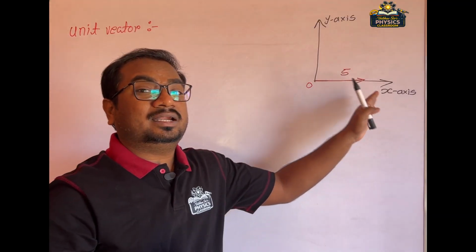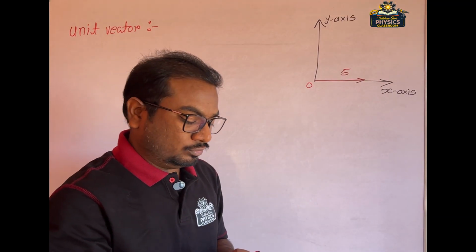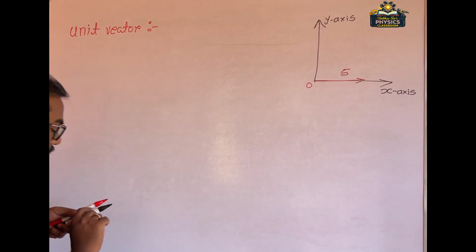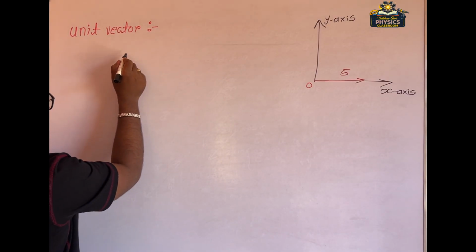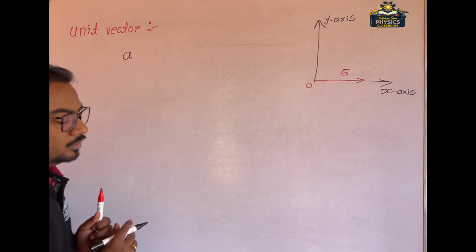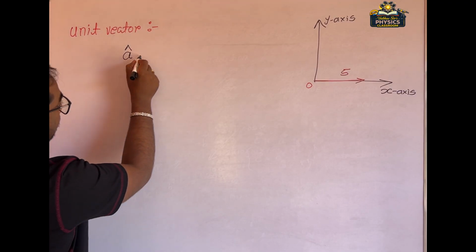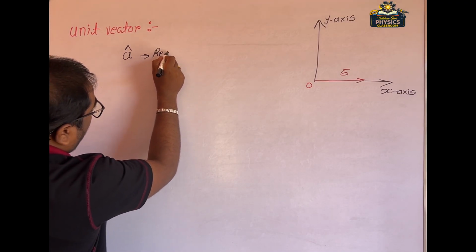How can we represent the direction of a unit vector? There is one simple formula. The unit vector is represented with any alphabet with a cap on it. This is the representation of a unit vector.